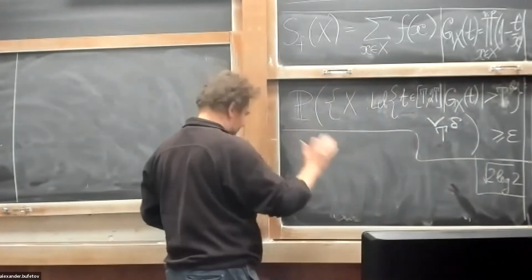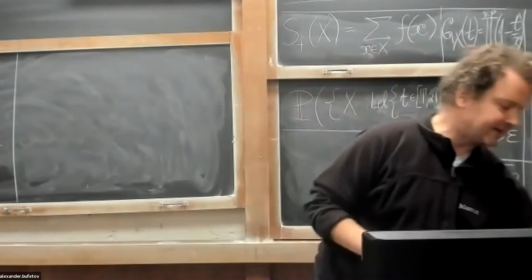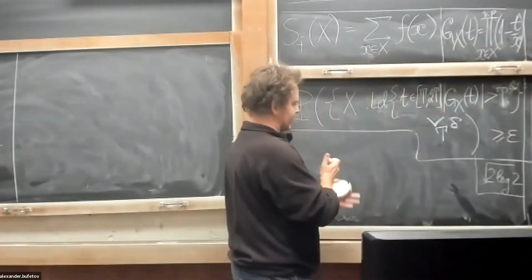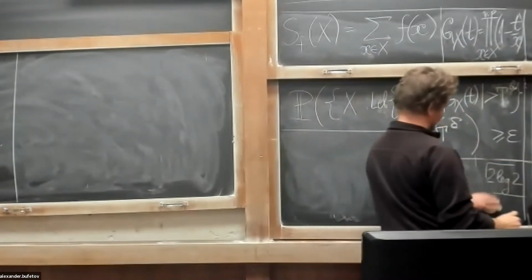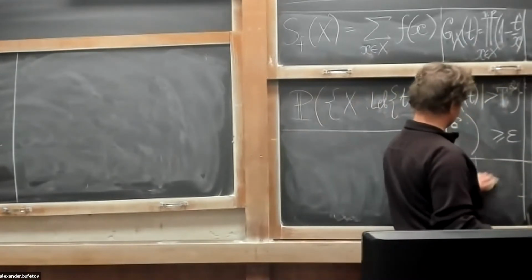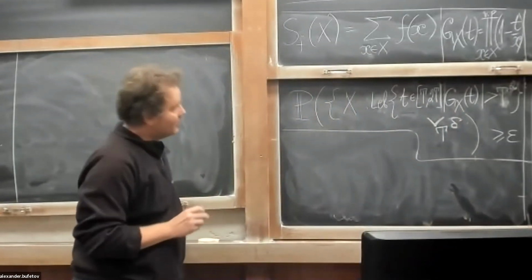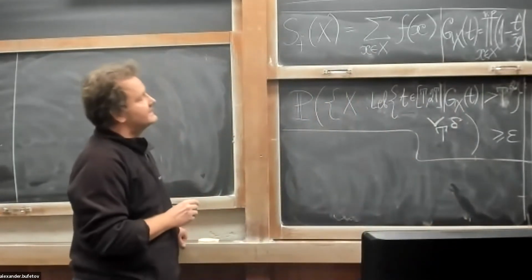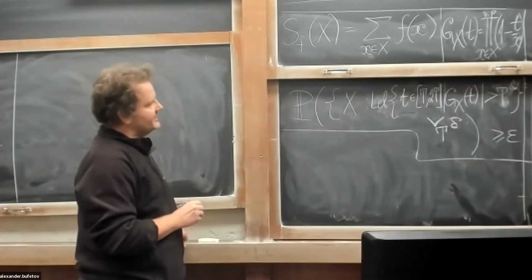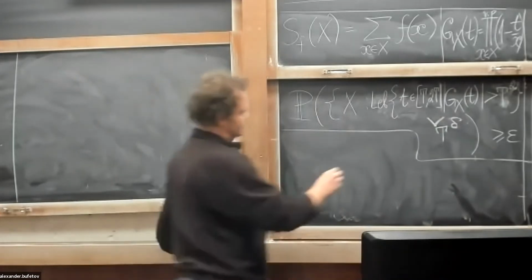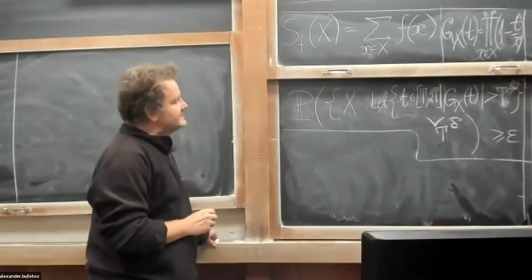In a binary tree the variance grows like n, and here it grows like log t, so the log 2 disappears and it becomes 2 square root of 2. So I can write any exponent less than 2 square root of 2, and then the probability will be like this. So this is enough for me.